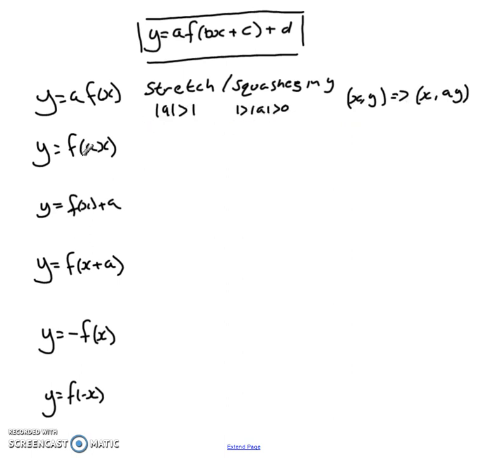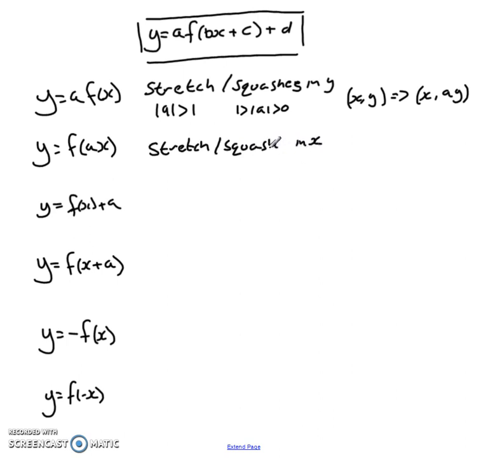Now for this one here, f of ax, where the a is with the x, again think of it in terms of the trig stuff. That stretched or squashed the curve again, but in this case, it was in the x direction. It's having an effect on the x part of it.